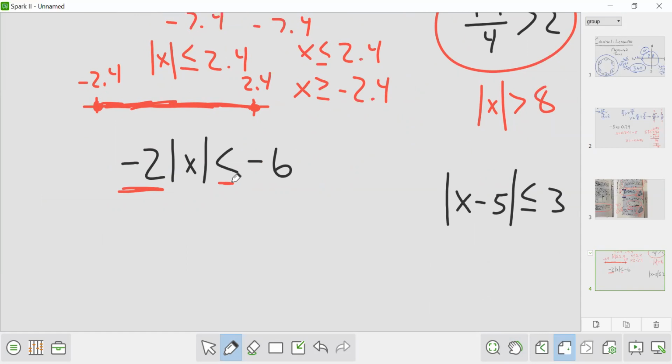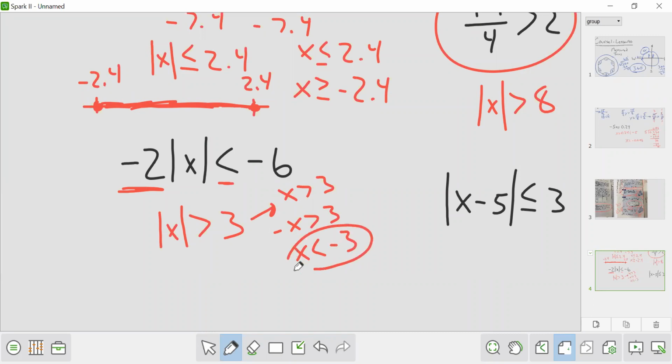All right? So if I divide each side by a negative 2, I'm going to get absolute value of x, and it's going to flip that sign, is now greater than a positive 3, because a negative 6 divided by a negative 2 is a positive 3. And again, that gives me two scenarios. x either has to be greater than 3, or the opposite of x is greater than 3, which means x is going to be less than negative 3.